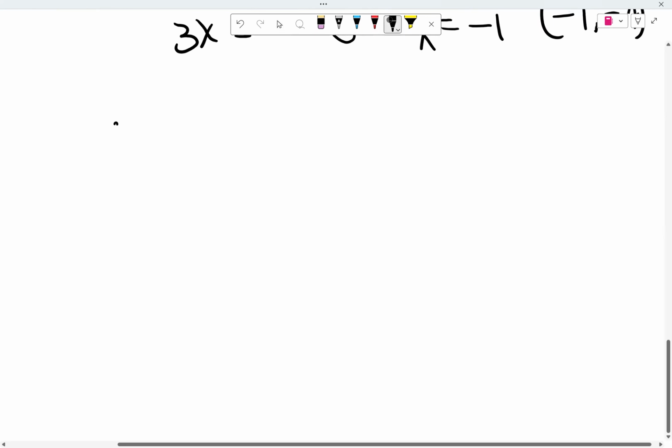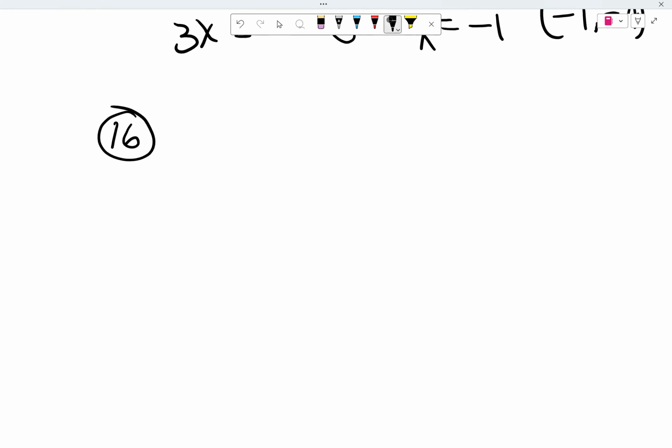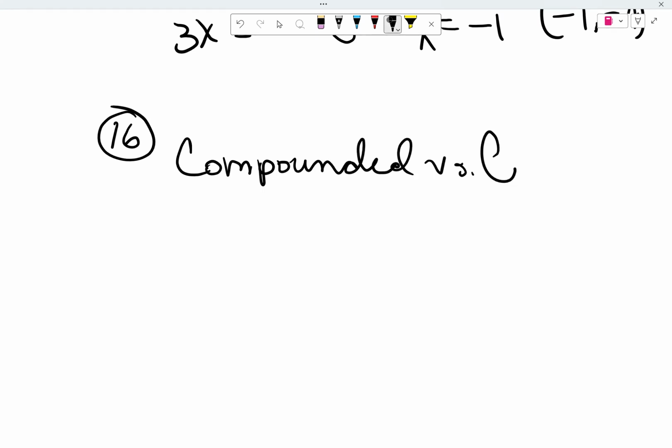Going backwards, let's look at 16. So 16 goes back to the compounded interest. So we have compounded interest versus continuous.